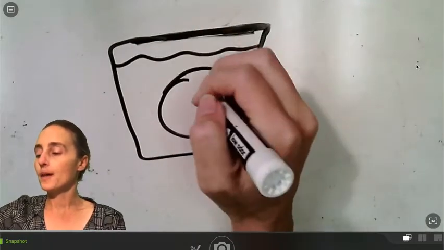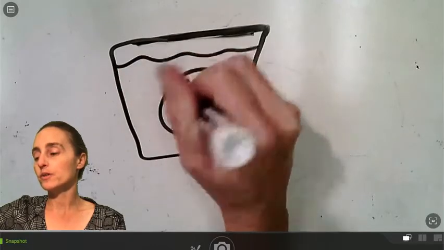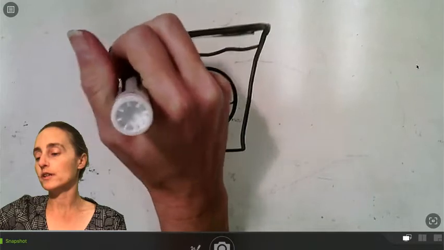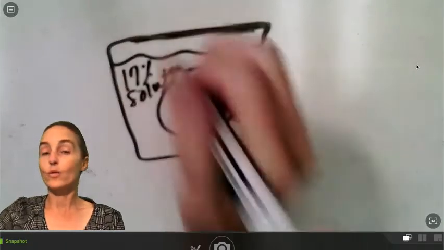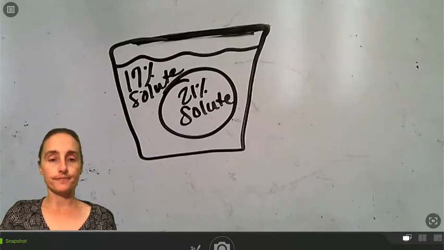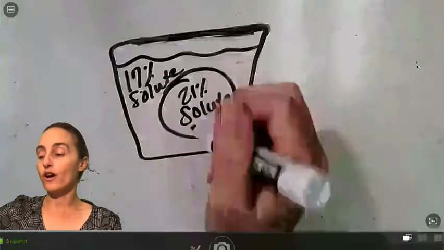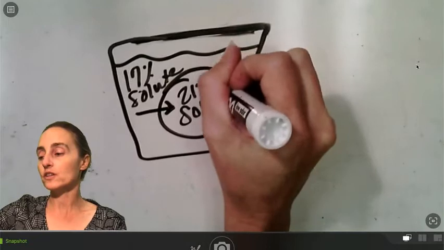Let's say the cell is 21% solute, and the solution is 17% solute. What's going to happen? Is the cell going to get larger or smaller? I don't know what you said because I can't hear you. But what I know is that water always moves to the higher solute. So in it goes. So the cell's going to get larger.